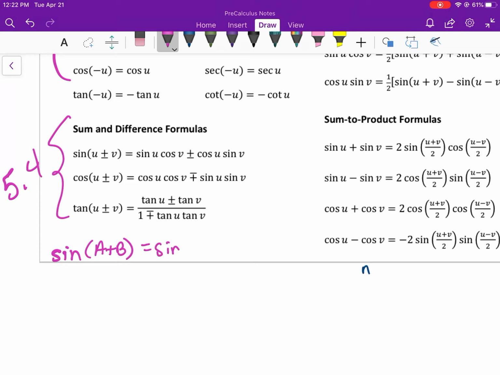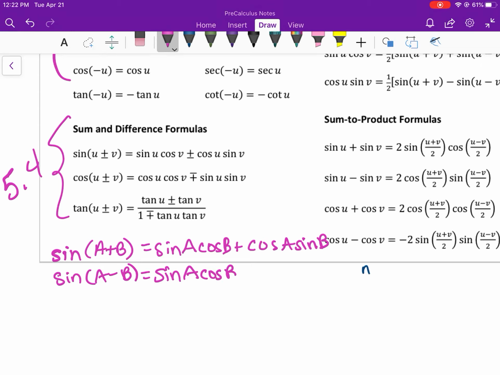That was sine of A cosine of B plus cosine of A sine B. And then we had sine of A minus B in our notes. Sine A cosine B minus cosine A sine B.